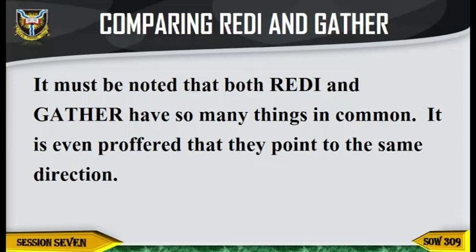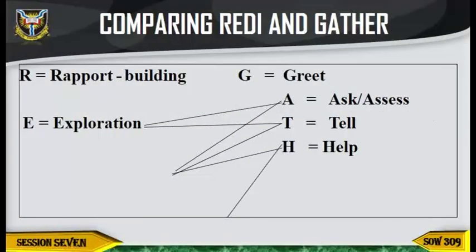Comparing READY and GADA. It must be noted that both READY and GADA have so many things in common. It is even preferred that they point in the same direction. R equals rapport building. G equals grit. E equals exploration.